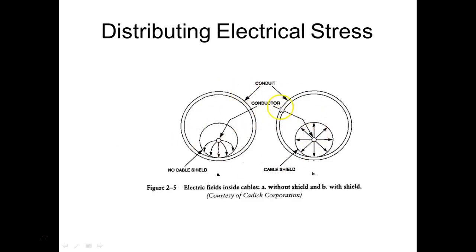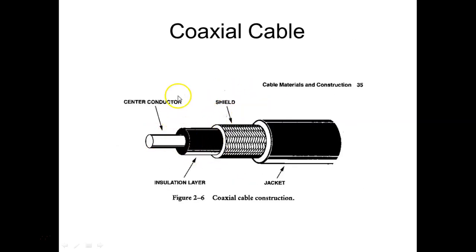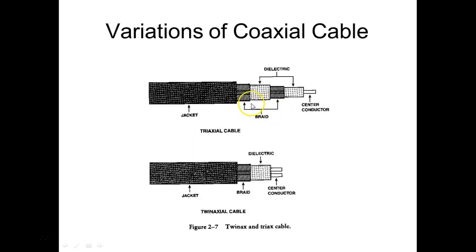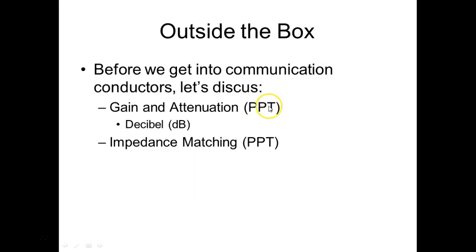We talked about distribution of electricity, and that's why we talked about why these high voltage cables have the semiconductor layer. We went and looked at gain and attenuation, and this is where we picked up the decibel. That's going to be on next week's test. You need to make sure you understand that.